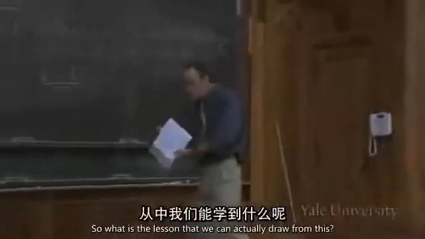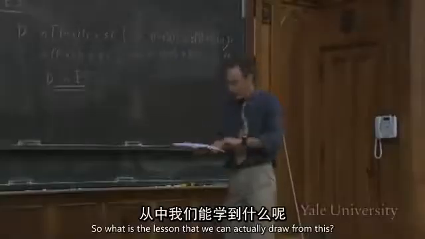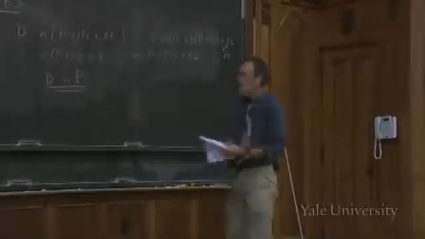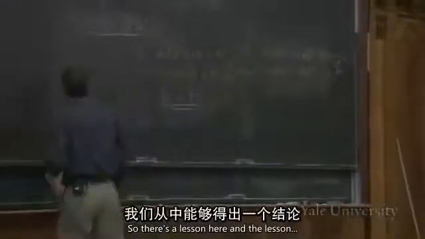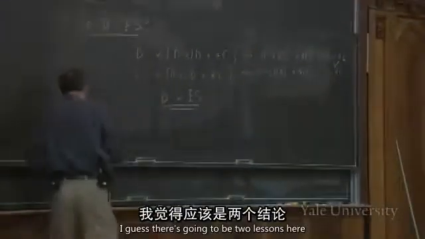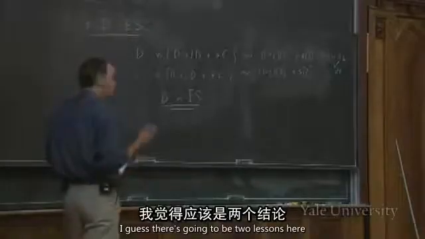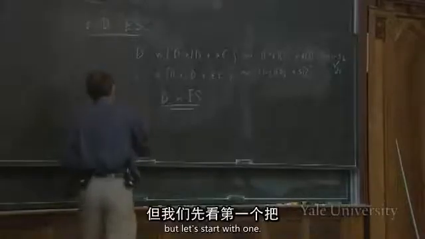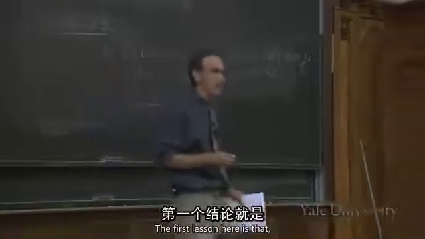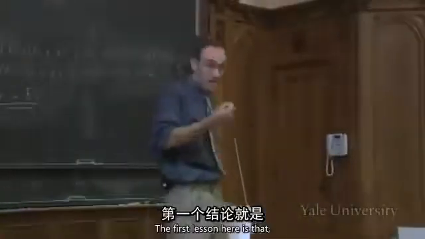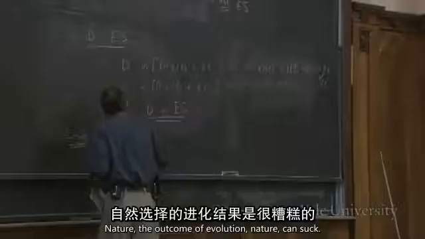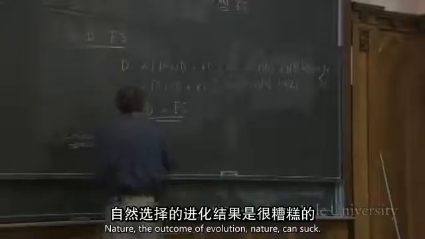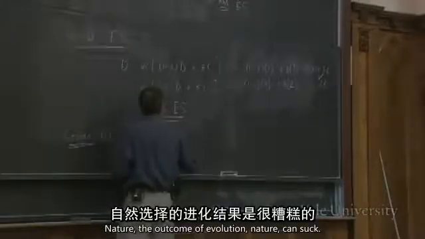All right. So what is the lesson that we can actually draw from this? There's a lesson here, and I guess there's going to be two lessons, but let's start with one. The first lesson is that nature, the outcome of evolution, can suck.